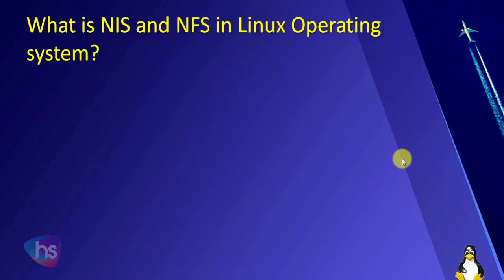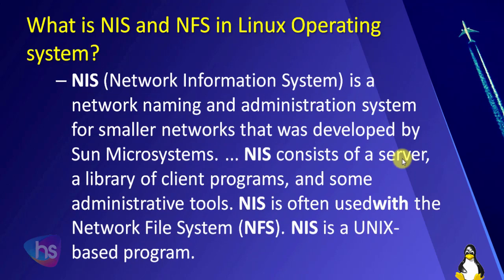What are NIS and NFS in the Linux operating system? NIS, Network Information System, is a network naming and administration system for small networks that was developed by Sun Microsystems. NIS consists of a server, a library of client programs, and some administrative tools.